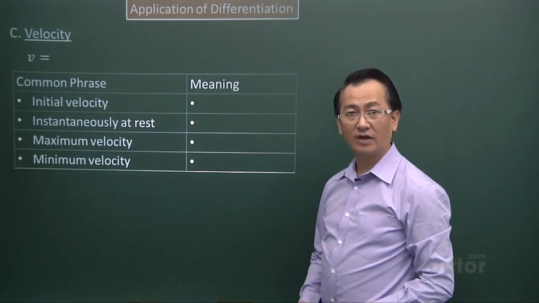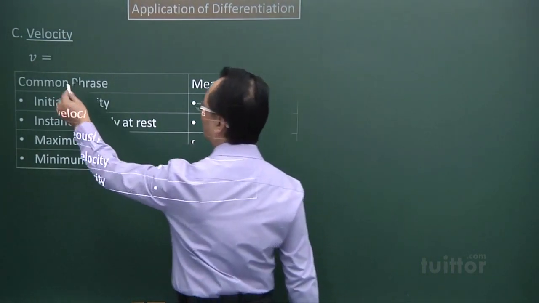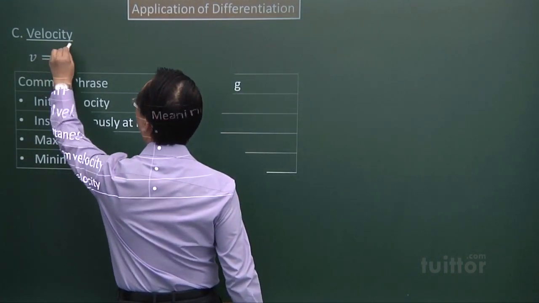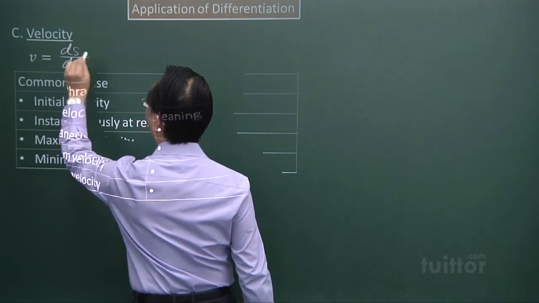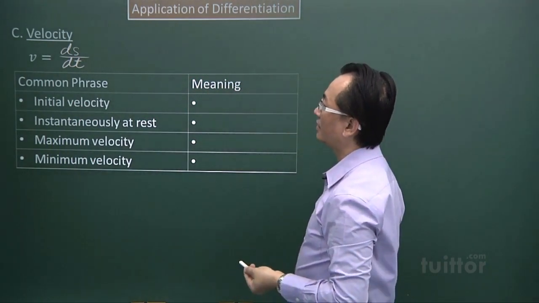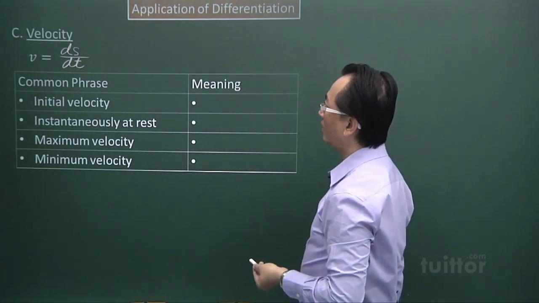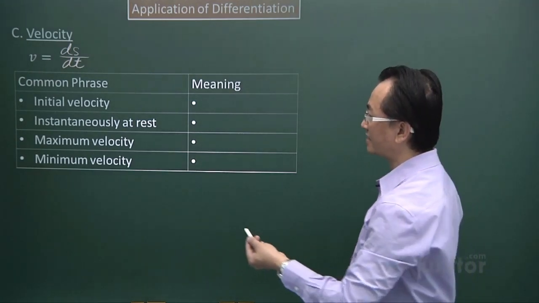We now look at velocity. Velocity is actually displacement differentiated with respect to t. And we look at some common phrases here.